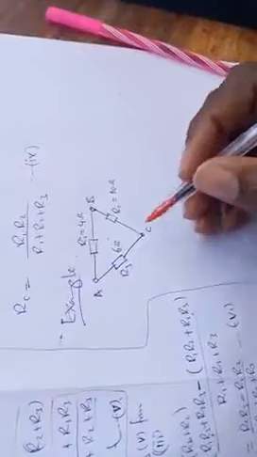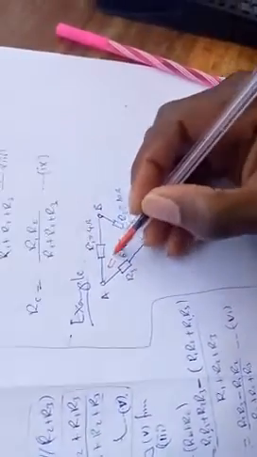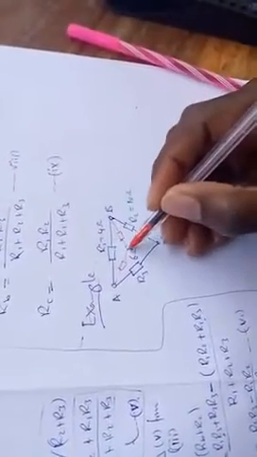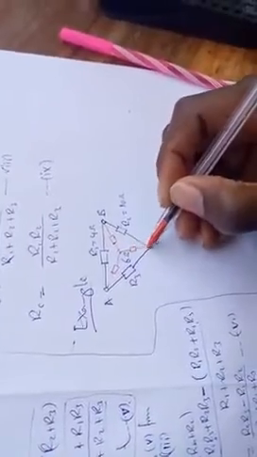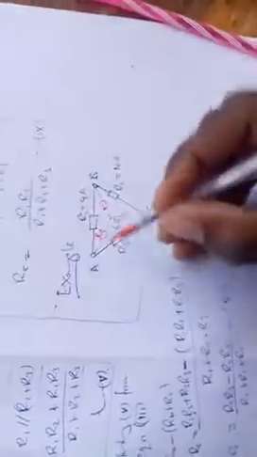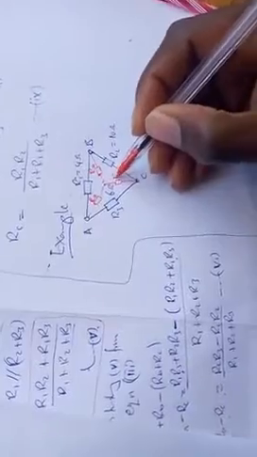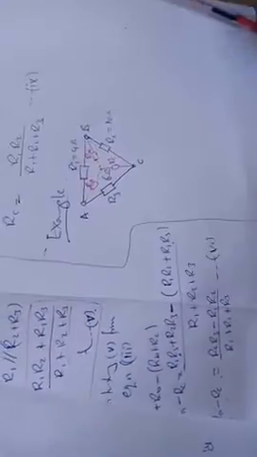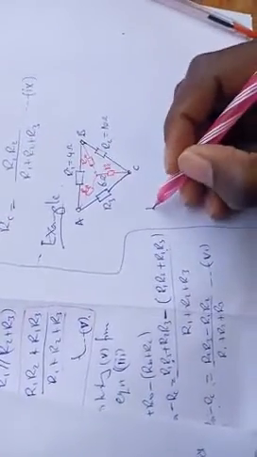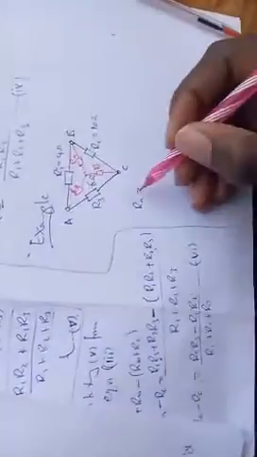Remember, star and delta are three-terminal networks. So I'll do a simple sketch, which helps me visualize. That's a star. I can say this is RA, because it's the one connected to terminal A. This is RB, this is RC. We're supposed to solve for RA, RB, and RC.